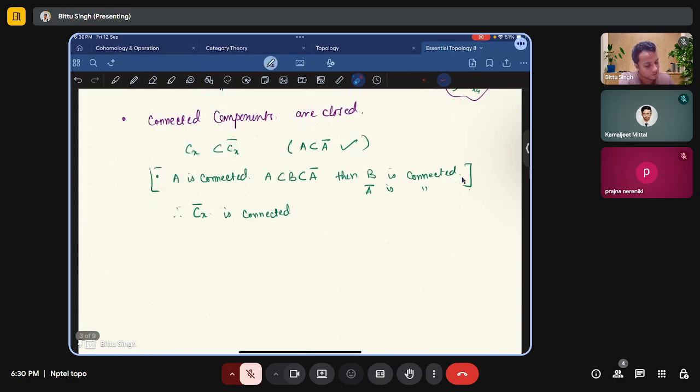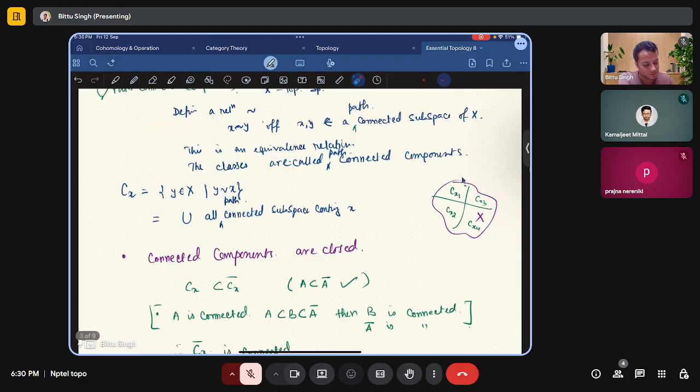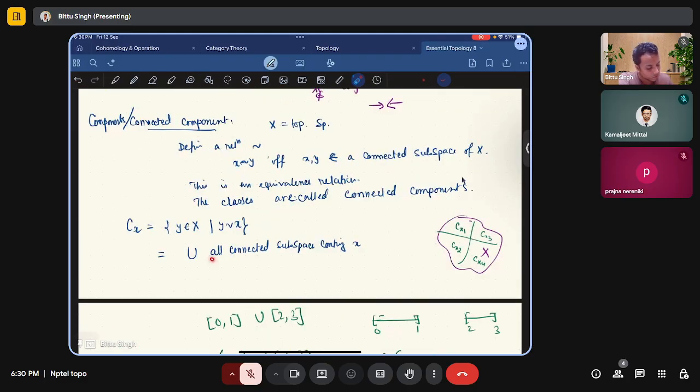But Cx bar is also another connected set. Cx bar also contains X and Cx bar is connected. Therefore, Cx bar will be included in this union of all connected subspaces containing X. So Cx bar will automatically be included in this union.